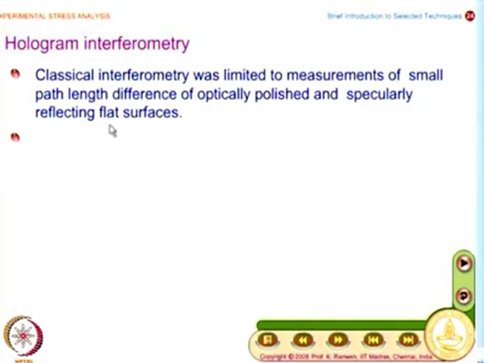So, the key point here is you are looking at flat surfaces, they were polished, and you are also confining your attention to small path difference. So, even a mercury arc lamp is sufficient to reveal that kind of information.